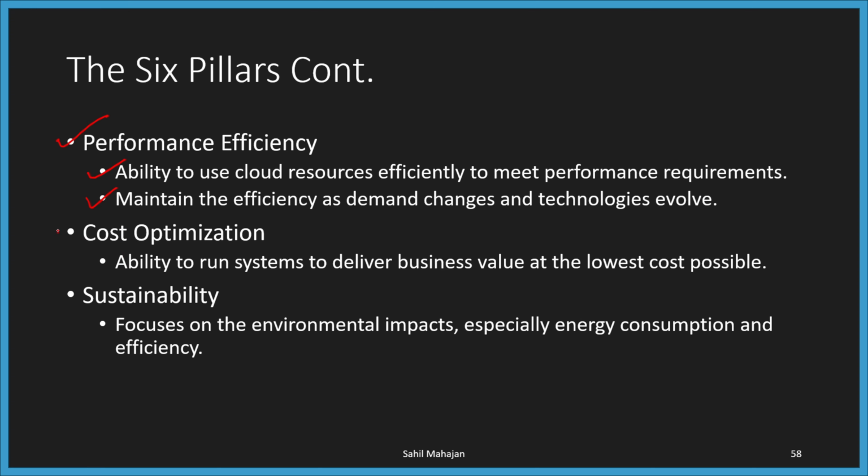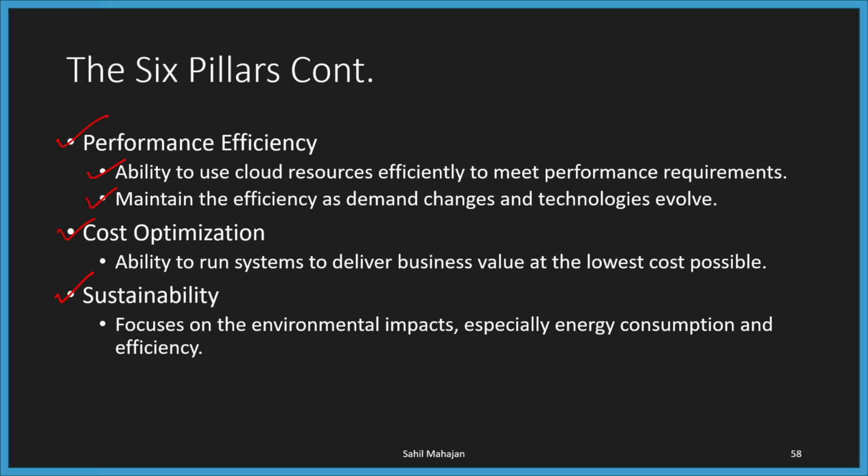Your fifth pillar is cost optimization. That is the ability to run systems to deliver business value at the lowest cost possible. Again, as I said, it's easy to deploy resources, but cost optimization is pretty difficult. And your final pillar is sustainability, which focuses more on environmental impacts, especially energy consumption and efficiency.